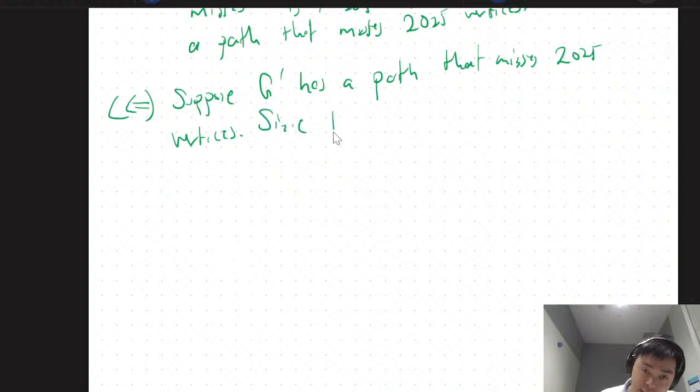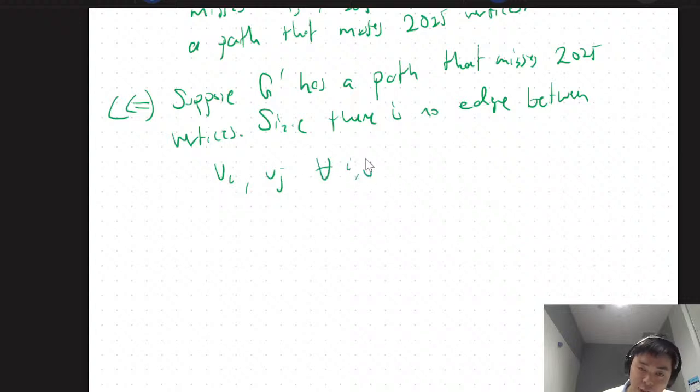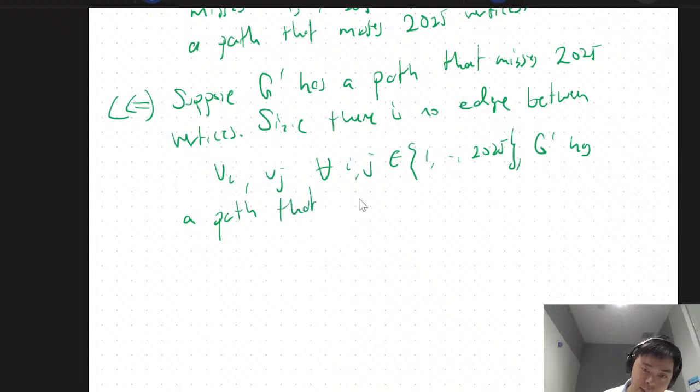So since there is no edge between Vi and Vj for all i and j in the set 1 to 2025, G prime has a path that visits every vertex in V exactly once.